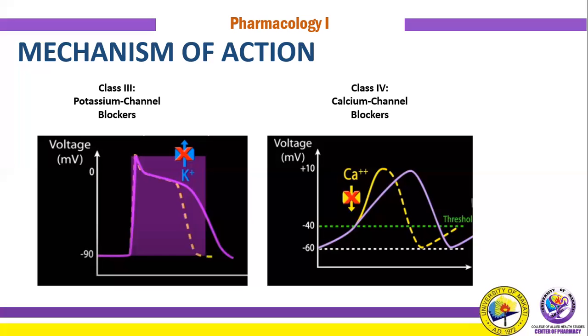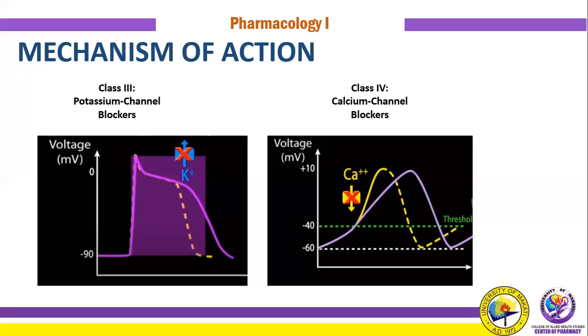However, there are adverse effects. Take note that there are drugs that, when the dosage is excessive, instead of being antiarrhythmic become proarrhythmic, especially the class 3 drugs. An example is amiodarone.